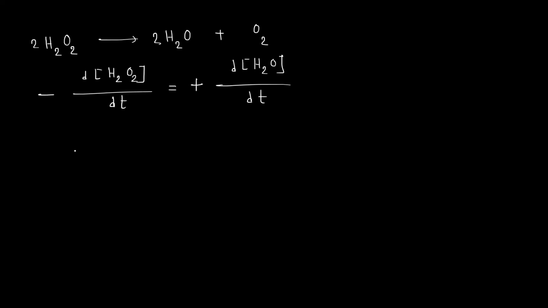So we can write the rate of appearance of oxygen is half of the rate of disappearance of hydrogen peroxide.